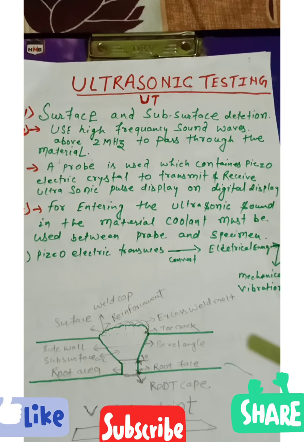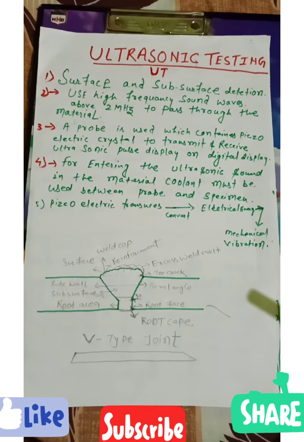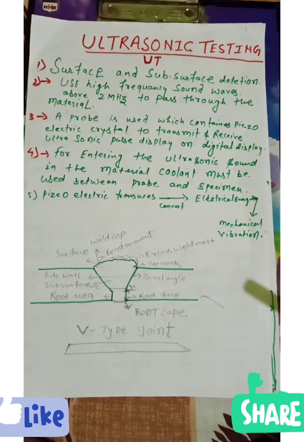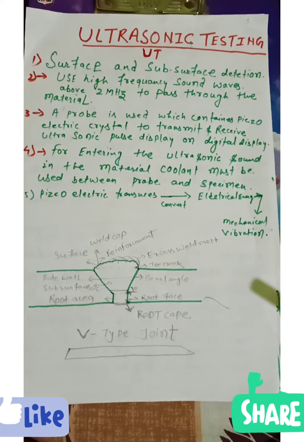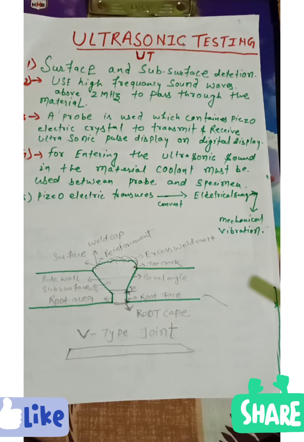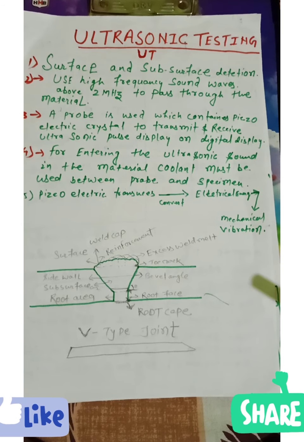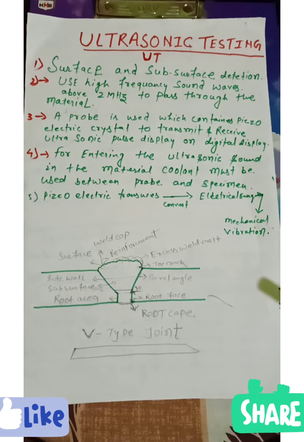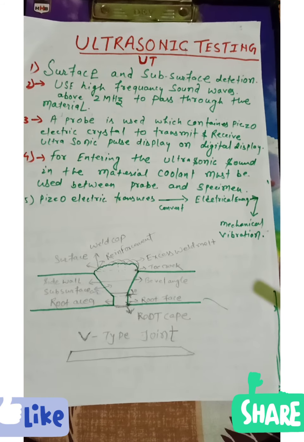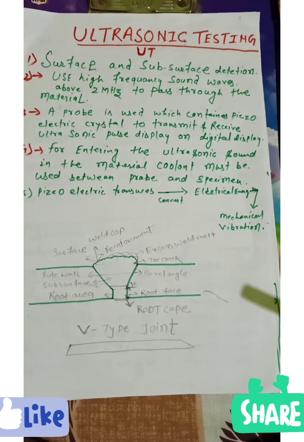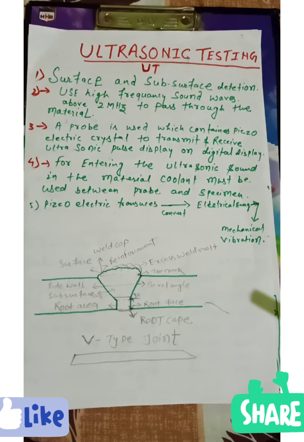You can take a screenshot right now and read it after. Subsurface and surface detection uses high frequency sound waves above 2 MHz to pass through the materials. A probe is used which contains a piezoelectric crystal to transmit and receive the ultrasonic pulse, displayed on a digital display.